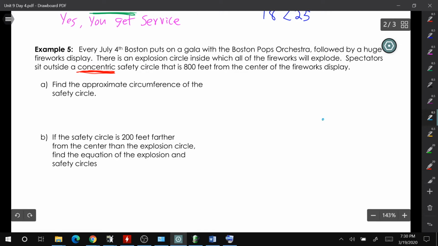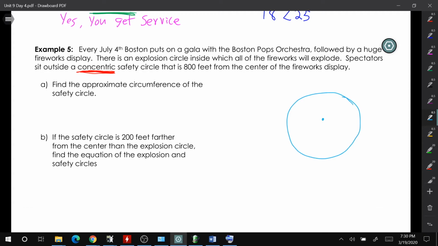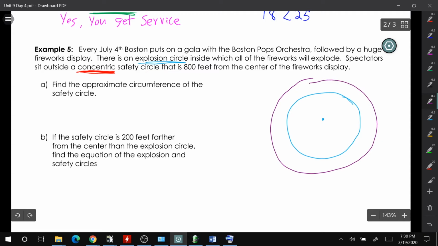So what we have here is a circle where the firework display happens. That's the explosion circle. And then outside that we have the safety circle. These circles have the same center. And they're telling us that the radius of the safety circle is 800 feet. Part A says find the approximate circumference of the safety circle.